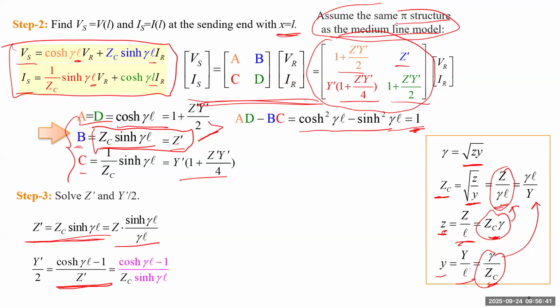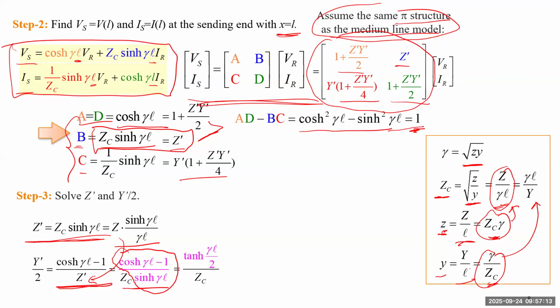And because you already solved Z prime, you just plug in Z prime here. You only replace the denominator part. If you're familiar with hyperbolic functions, you can prove this pink expression is a tangent function, the tangent function of half gamma L, which is exactly equal to this one.